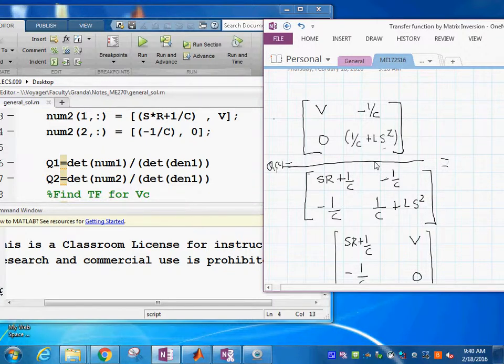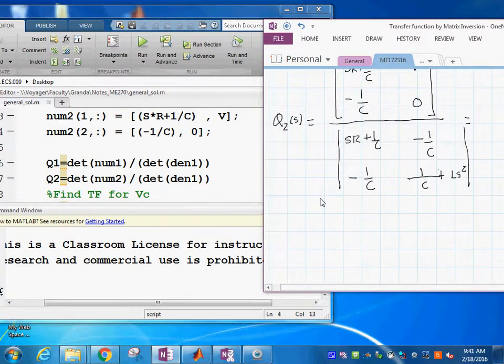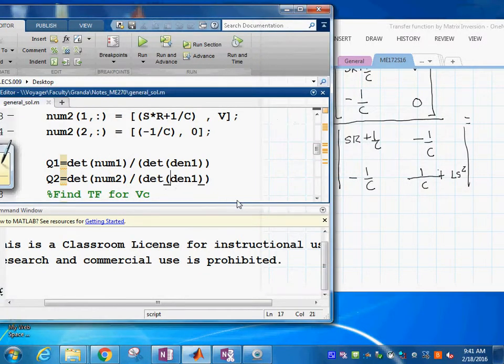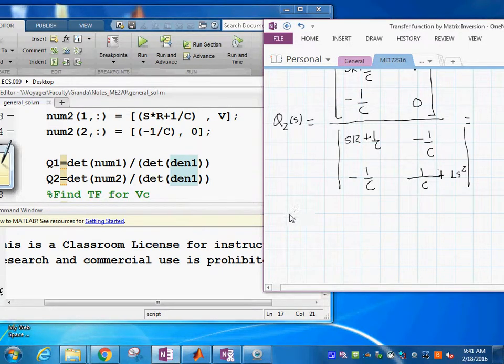You have that S times R plus 1 over C, multiplied by Q1 of S, and then minus 1 over C times Q sub 2 of S, like this. And then on the first equation, this equals the B that you see in there.